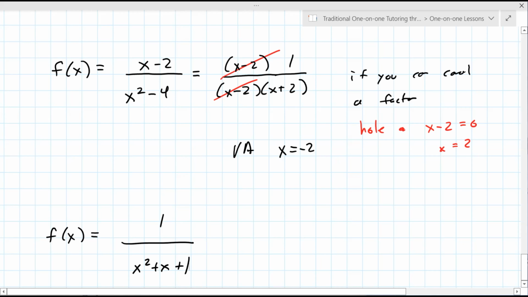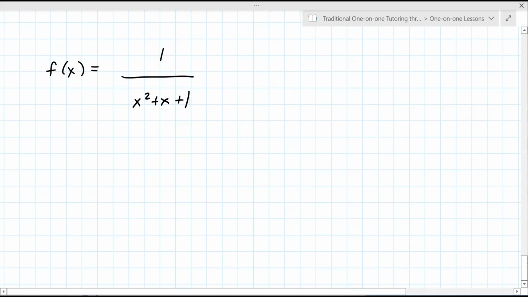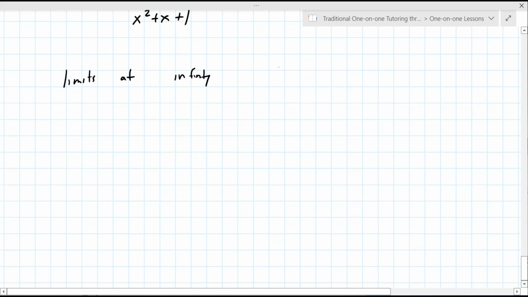All right, let's look at a couple other problems here. So, limits at infinity. Limits at infinity really are about determining horizontal asymptotes. There are really three cases.